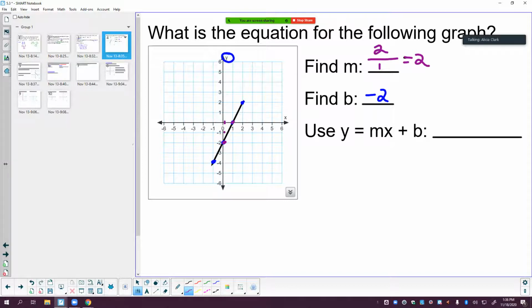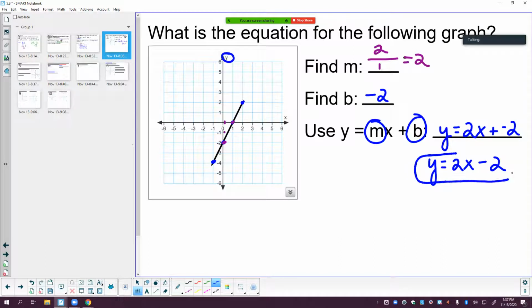Now, if you know m and you know b, you can write your equation. Okay, so y equals mx plus b, replace m with what you found, and replace b with what you found. Okay, so y equals m, which in this case is +2, x plus b. Now, if you do plus -2, that's the same thing as saying y equals 2x minus 2.